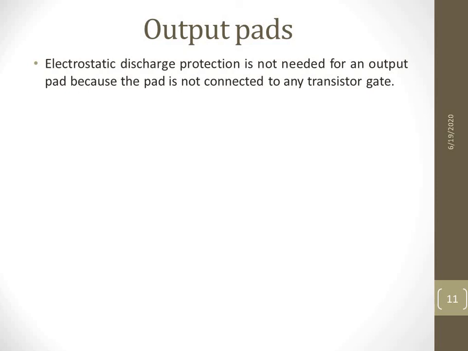So input pads can result in electrostatic discharge, whereas the output is what we are taking outside. We are not giving the supply, we are taking the output line, so this will not cause any electrostatic discharge. There is no need for electrostatic discharge protection.